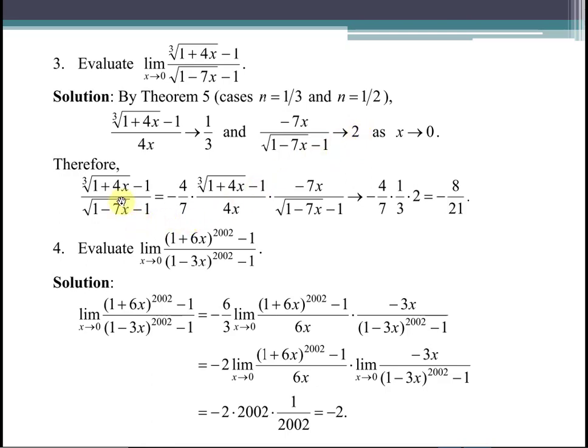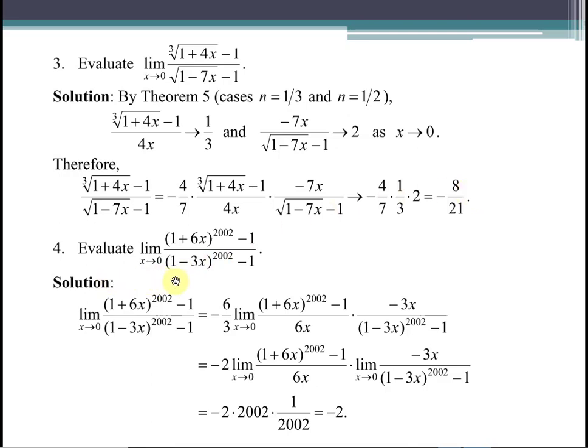Instead of these two expressions, we have 1 over 3 times minus 4 over 7, because we need to multiply by 4 and by 7 and divide by them. That's why we have the coefficient minus 4 over 7 times 1 over 3 times 2, because this limit tends to 2. And the answer is minus 8 over 21.